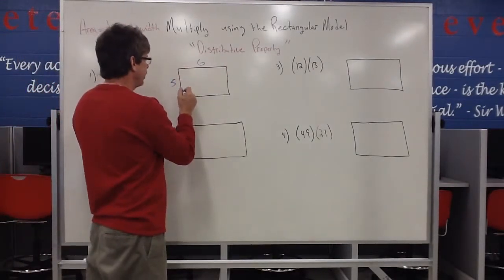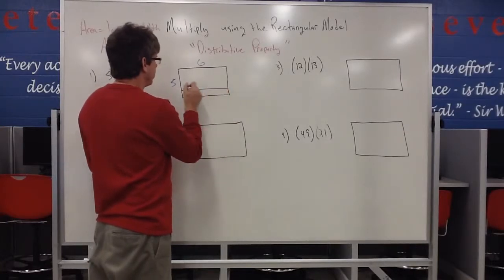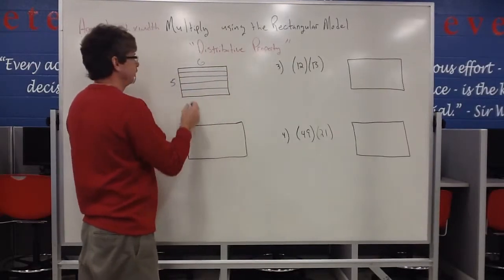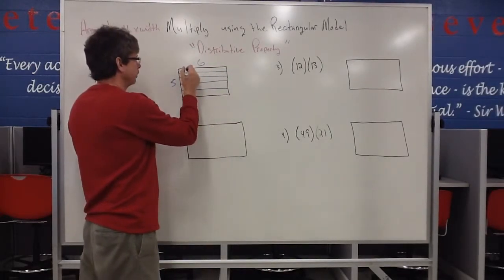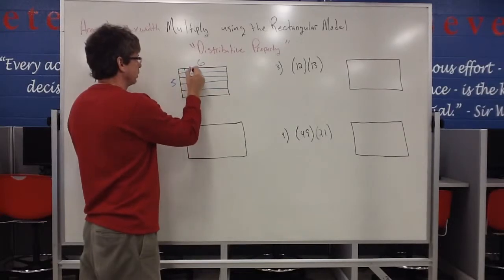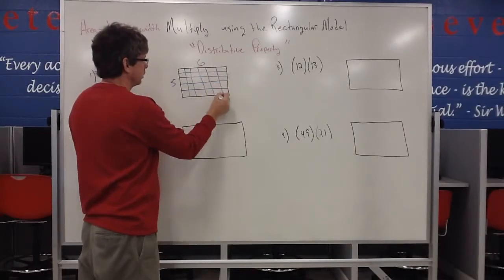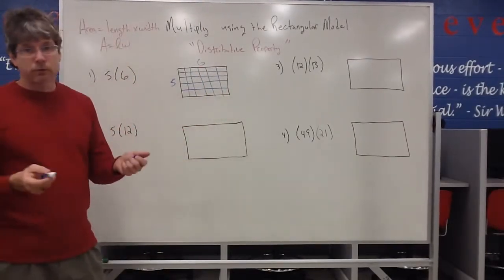Well, if it's 5 tall, that means it's got 5 squares tall. And if it's 6 across, it means it's 6 squares across. And those are supposed to be equal squares.